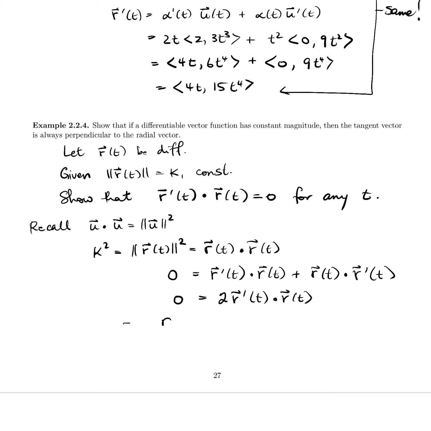Dividing by 2 on both sides, and we get our desired result. R prime of t dotted with r of t is equal to 0. Therefore, the tangent vector is perpendicular to the radial vector.